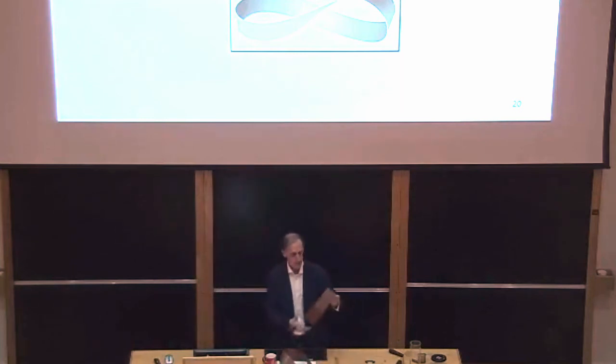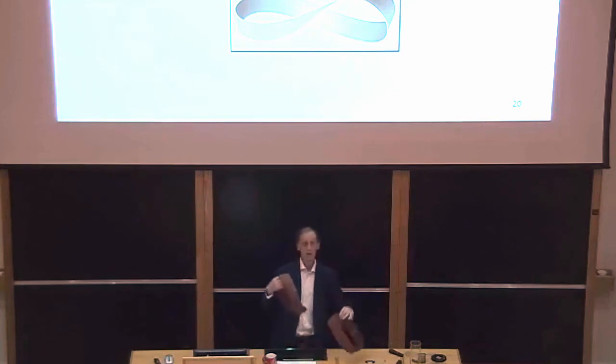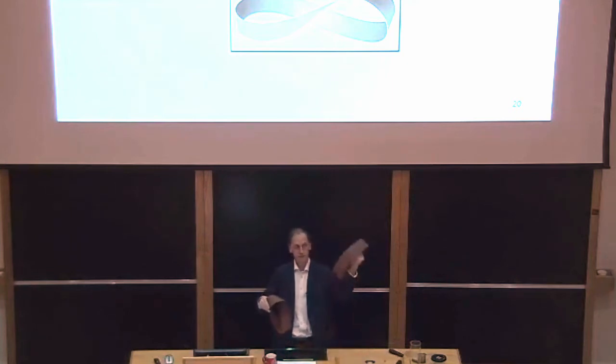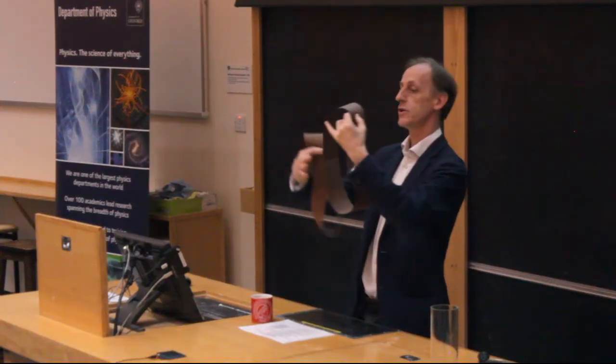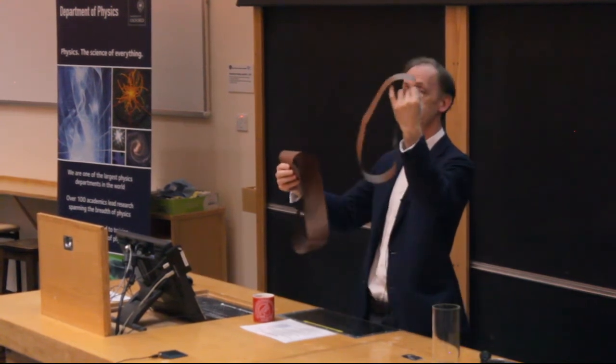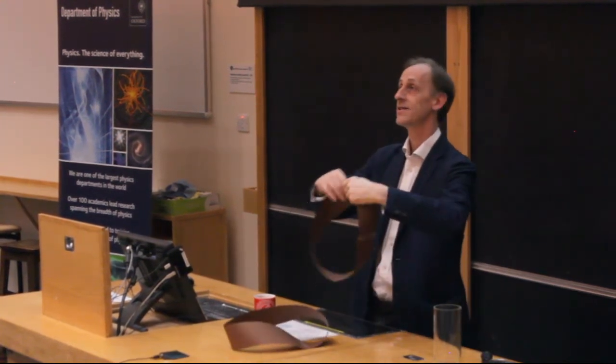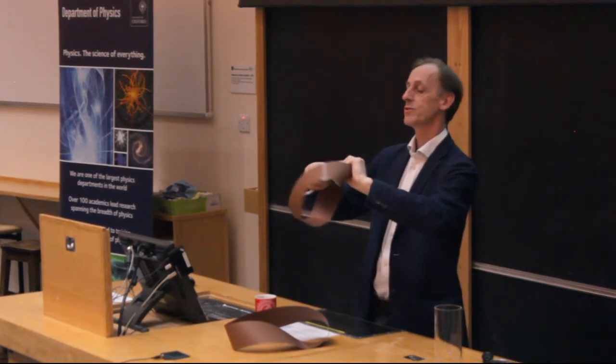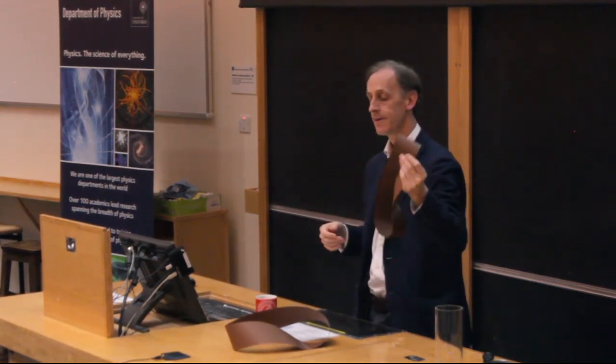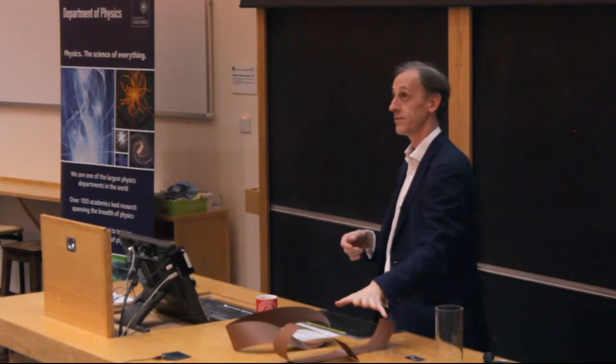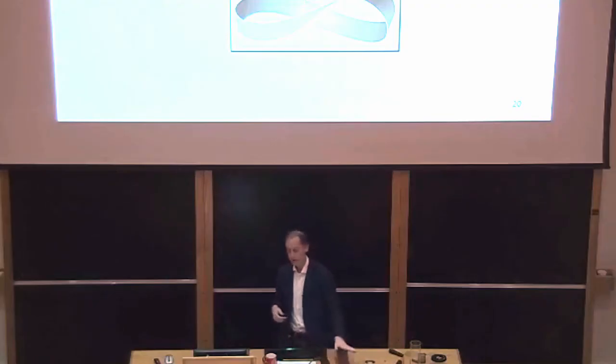If you take a cylinder of paper like this, and you take a Möbius strip, which is a cylinder which has been twisted once, then you can't continuously deform this one into this one. There's no way you can do it. The only way in which you can make this turn into this is actually to rip it, make a twist, and then glue it back together again. So that process is very invasive.